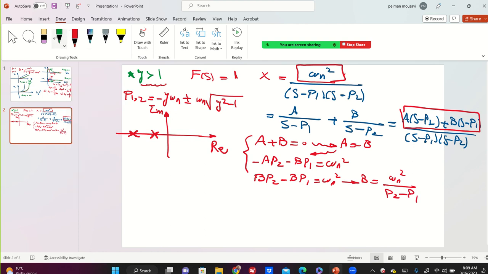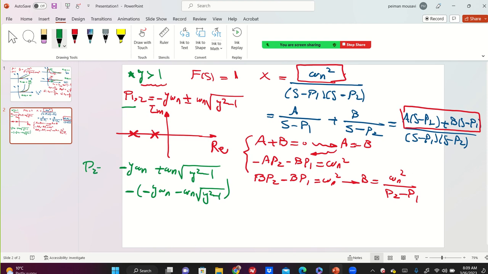Obviously, because these are distinct poles, p2 minus p1 is minus zeta omega n plus omega n square root of zeta squared minus 1, minus p1, which is minus zeta omega n minus omega n square root of zeta squared minus 1.